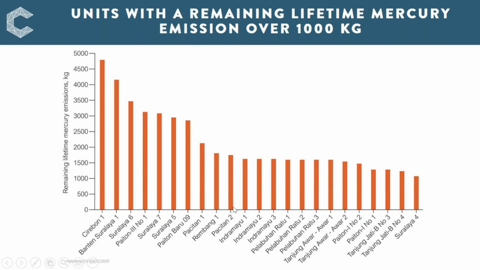Obviously, there are missing plants off the right because there are over 100 units. We've not included those because we wanted to focus on the top 23. However, the total existing fleet could emit more than 70 tons of mercury over the remaining lifetime, worst case scenario. Units under 100 megawatt, which we kind of excluded from the study, will contribute around 18% of this total.